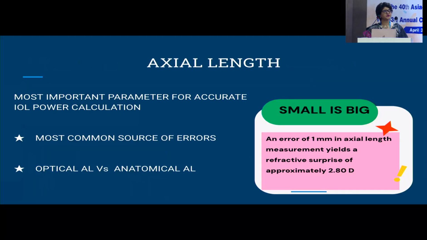The axial length is the most important parameter for an accurate IOL power calculation, and it is also the most common source of errors. And a small error can lead to a much larger effect in the refractive outcome. So it's very important to focus on the axial length measurement and to make sure that you are taking the optical and not the anatomical axial length.